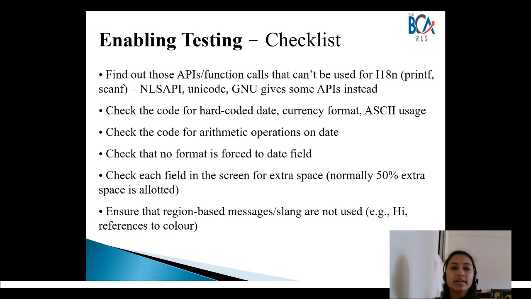Also check the code for arithmetic operations on dates, and check that no format is forced on a date field. Also have a checklist for each field in the screen for extra space. Normally 50% extra space is allowed. And ensure that region-based messages or slang are not used, for example, the word hi.